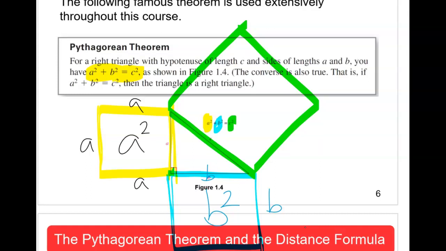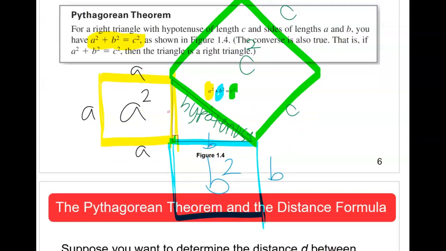We also refer to that as the hypotenuse. I'm not sure if I spelled it right. Might be missing an H. So this will be c times c, and we have here c squared.